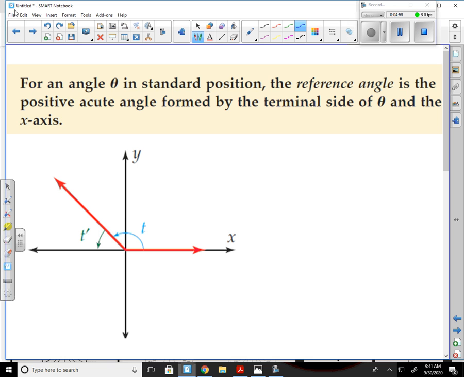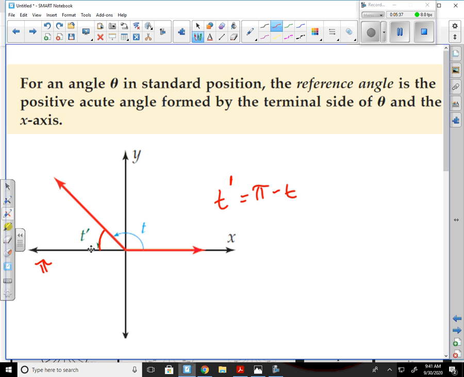For an angle theta in standard position, the reference angle is the positive acute angle formed by the terminal side of theta and the x-axis. What that means is that if I have this angle T here, then I can really just use a reference angle for T prime, which means I would just take pi, because remember from here to here is pi, minus T, and that'll give me T prime, or T with the apostrophe on it.